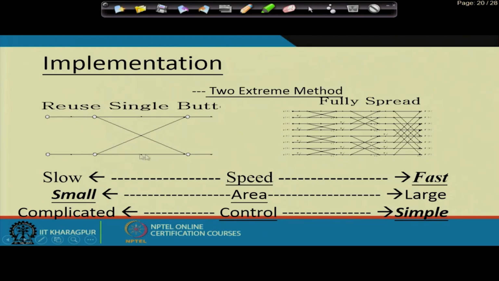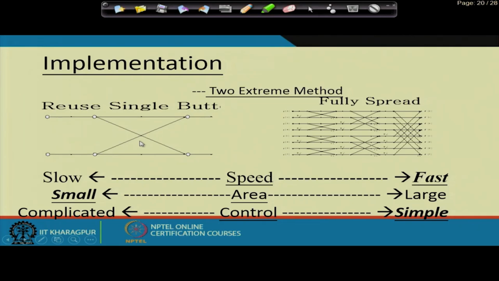Whenever we reuse the single butterfly unit to compute the whole FFT operation, the computation time requirement will be much higher, which makes the fast Fourier transform very slow, whereas the area will be much smaller, because we are using only one single butterfly.